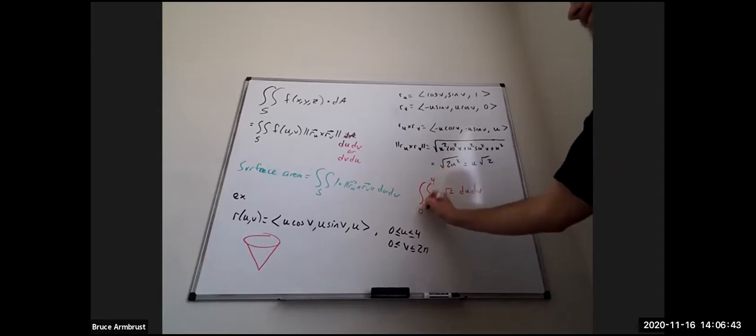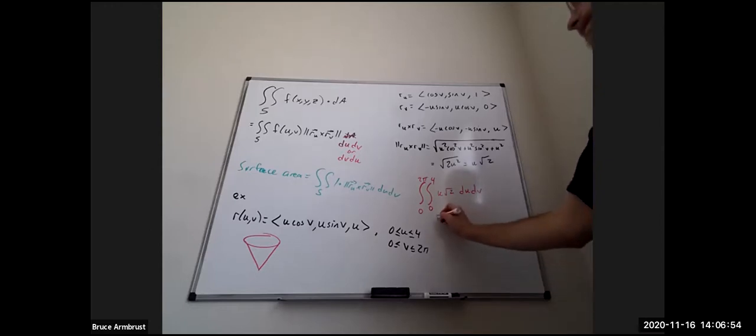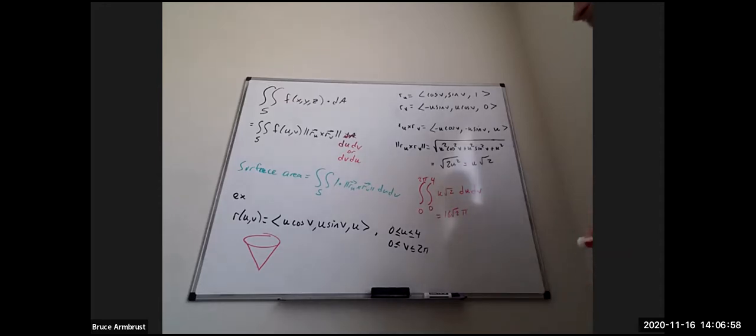The v's go from 0 to 2 pi. Which I think gives us 16 root 2 pi. But definitely please check my numbers on that.